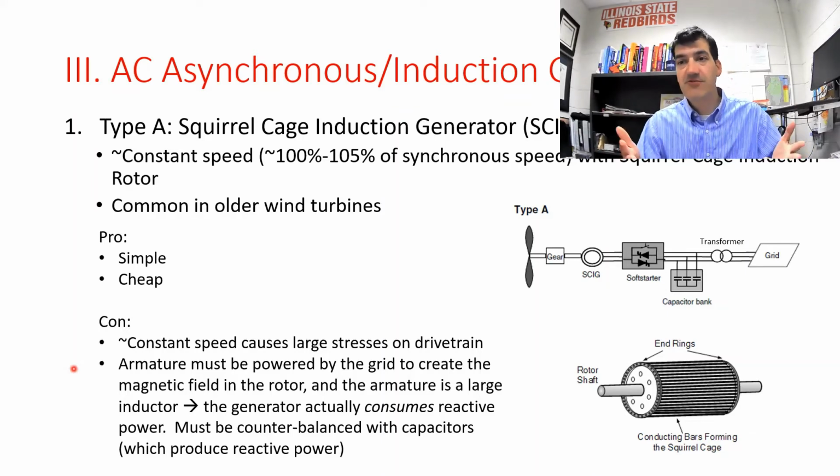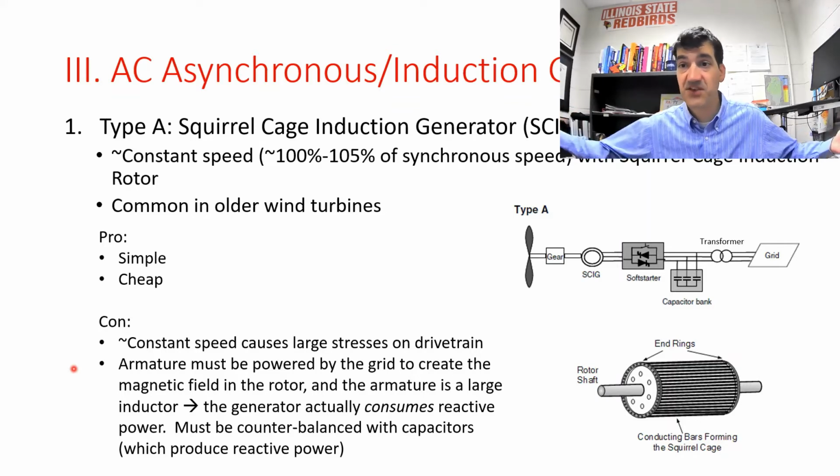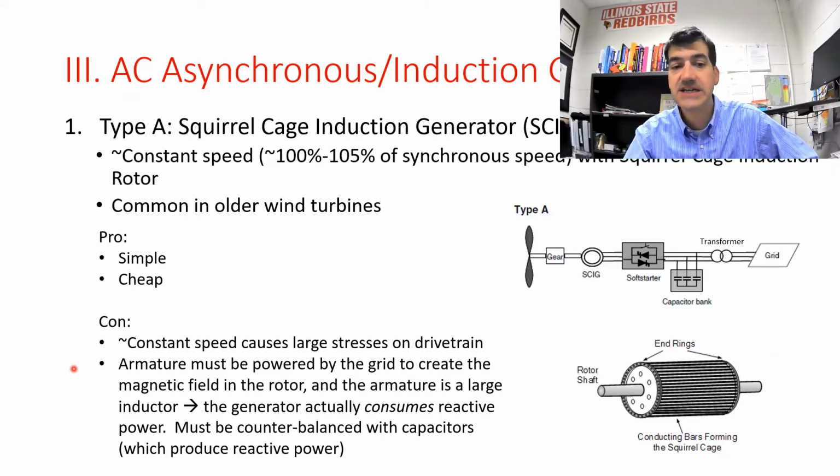It turns out that to energize inductors requires reactive power to be applied from the electric grid. So as it turns out, this type of generator actually consumes reactive power. It produces real power, which is good, but it consumes reactive power. And that's not good, because that reactive power has to be produced by something, some other type of generator. So this is not good.